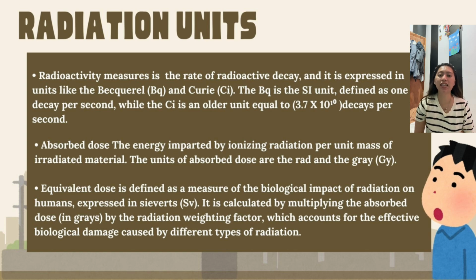So, equivalent dose kay nag-measure sa biological effect sa radiation sa tawo. Ang unit ani kay sievert. Gikuha ni siya by multiplying the absorbed dose with the radiation weighting factors, kay lahi-lahi man og epekto ang mga klasing radiation. So, for example, mas harmful man alpha kaysa gamma, so mas taas ang iyang factors.